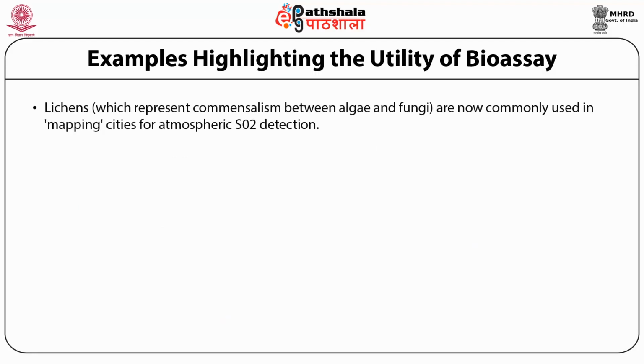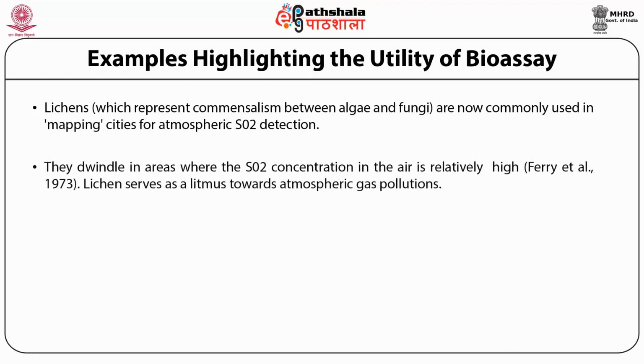Lichens are now commonly used in mapping cities for atmospheric sulfur dioxide detection. They dwindle in areas where the sulfur dioxide concentration in the air is relatively high. Lichens serve as a litmus towards atmospheric gas pollution.